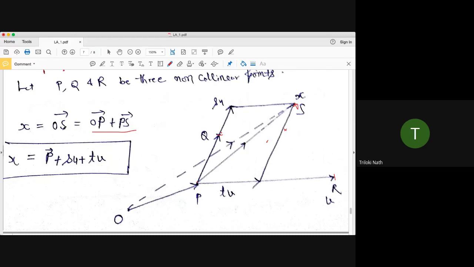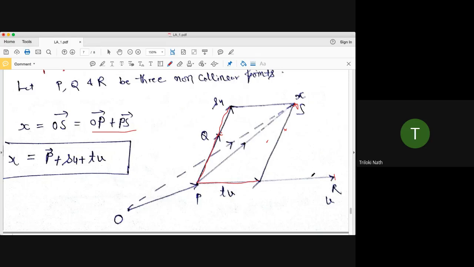Okay. Now OS vector means OP vector. So OP vector is denoted by, suppose, P vector. And what about this PS vector? If you see PS vector, then it is the diagonal of the parallelogram whose adjacent sides are this one and the adjacent side is this one. Okay.